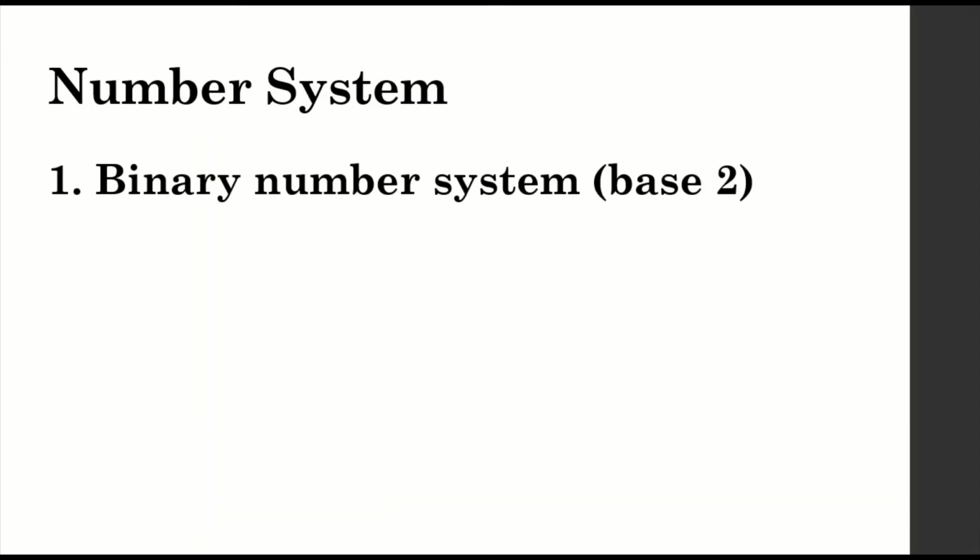Let's now go to number systems. A computer uses the binary number system, which is also called base 2. It uses zeros and ones. The digits can have only two values, 0 and 1.